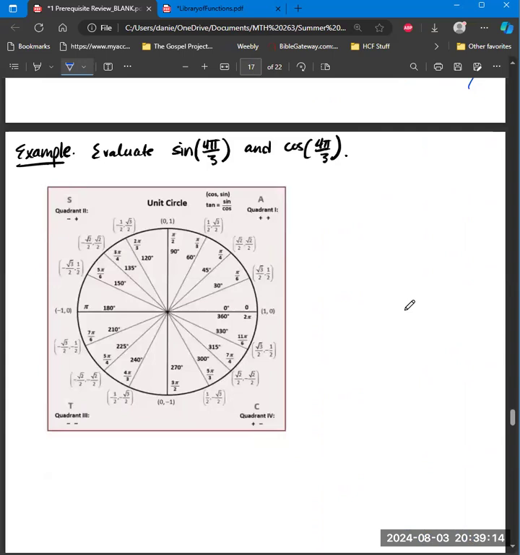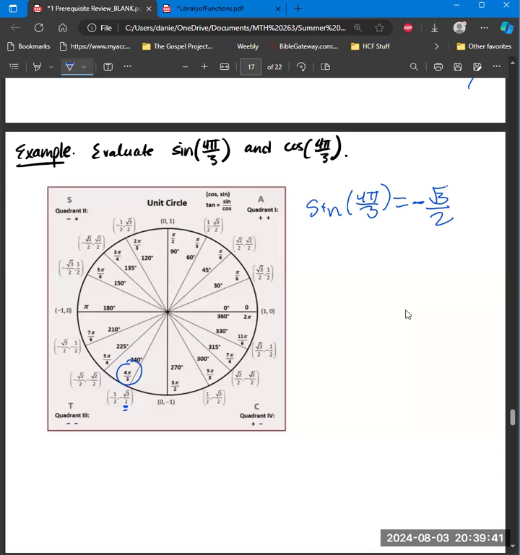So let's evaluate sine of 4 pi over 3 using our unit circle. 4 pi over 3 is right here, and the sine value is right there. So sine of 4 pi over 3 is equal to negative root 3 over 2.